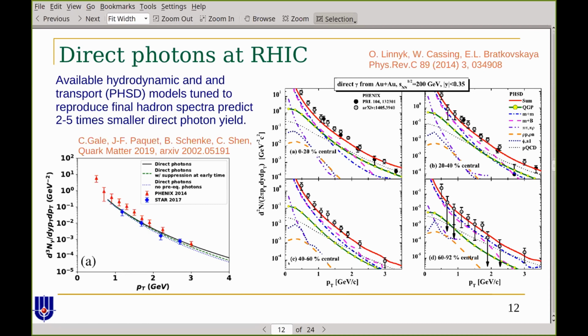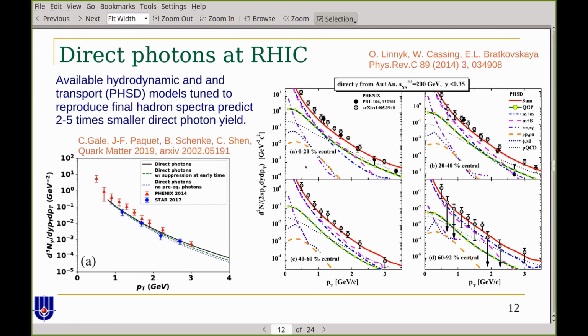So these are two typical examples. On the left are calculations from Gale, Paquet, and company for gold-gold collisions, and you see that the predicted direct photon yield underpredicts the measured one by a factor of approximately 5 in this case.